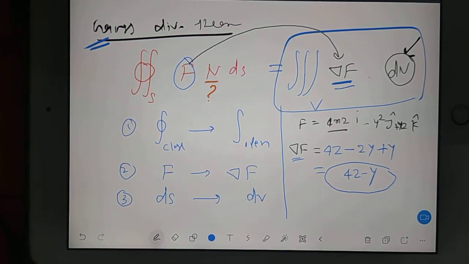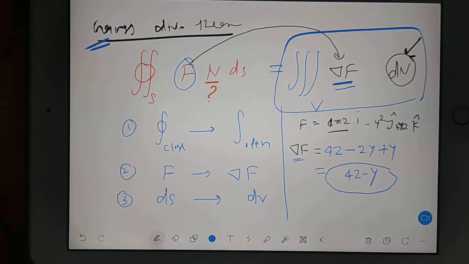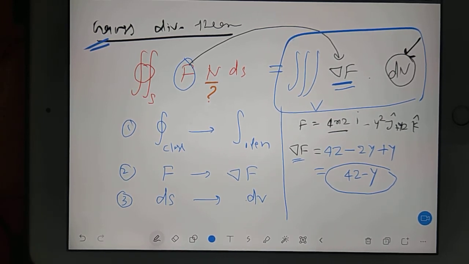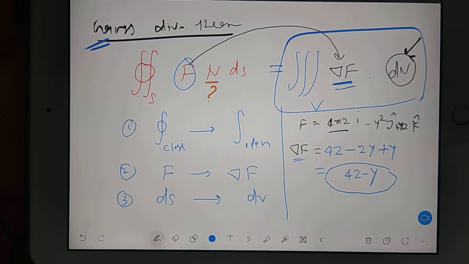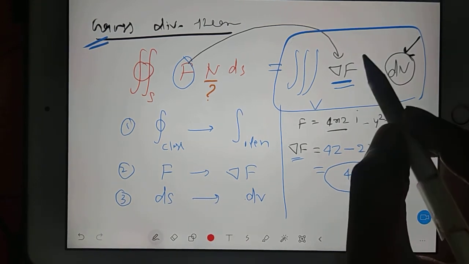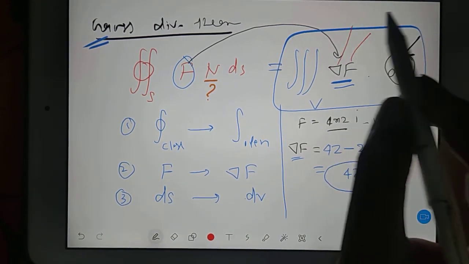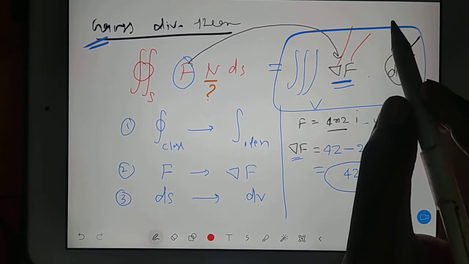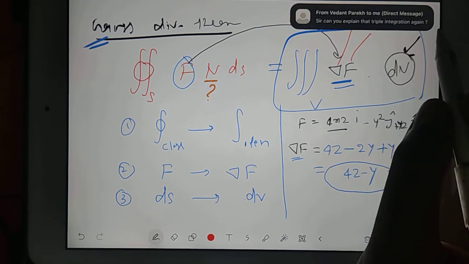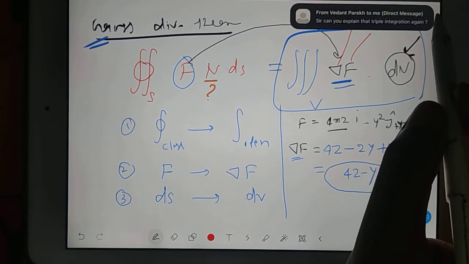Take down Pratik. What is the doubt here? Because even F is having i j k and this grad is also having i j k. Okay. Pratik, clear?